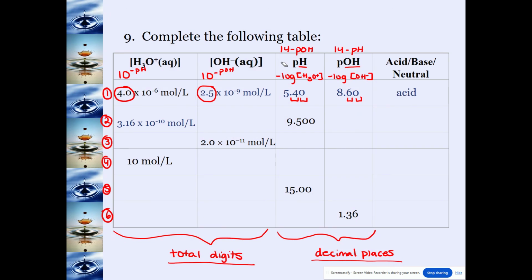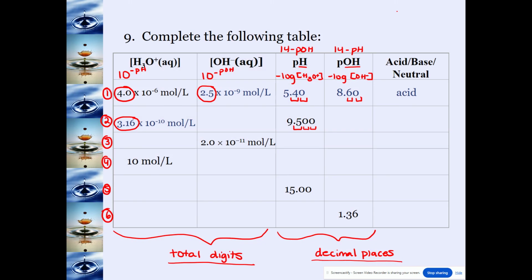So the first thing we're going to do is find the hydronium ion concentration, 10 to the exponent negative 9.500. Now my sig-digs in this solution, there are 3 sig-digs, 3 decimal places in my pH. So I need 3 sig-digs or 3 total digits in my concentration.